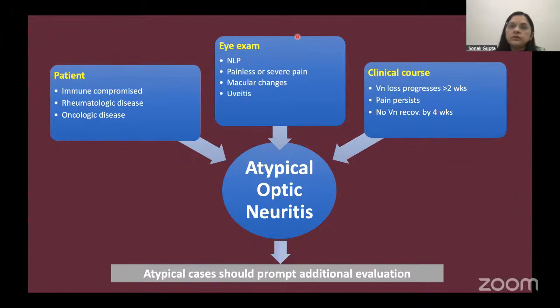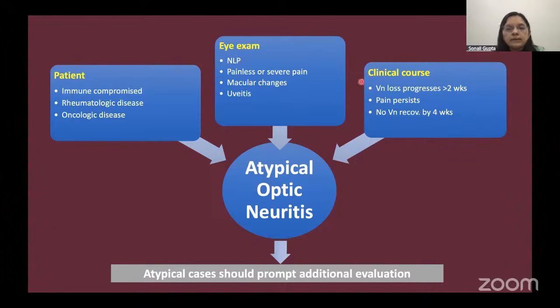On examination, if the eye has a severe vision loss to the extent of no PL, which is very unusual in typical cases, or it is completely painless or there is extremely severe pain, or if there are associated macular changes or uveitis, they all signify that it is something atypical.